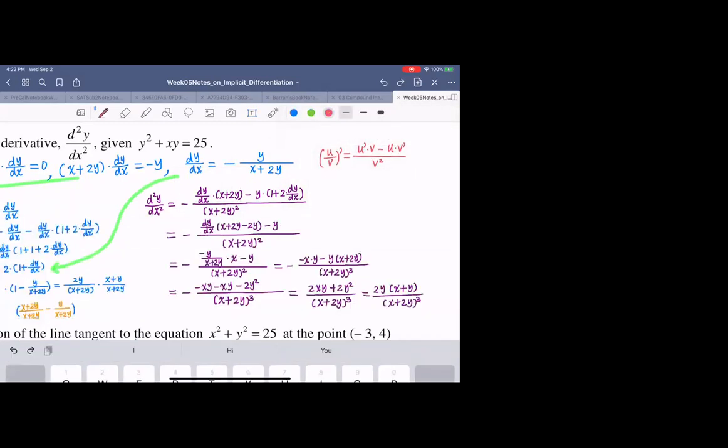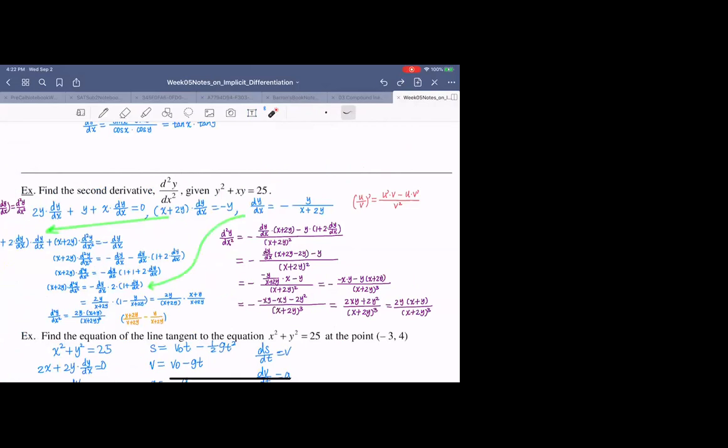Good. How do you feel about this question now? A bit better. Yeah, it looks so complicated, but actually it's not that horrible. It is possible, okay?